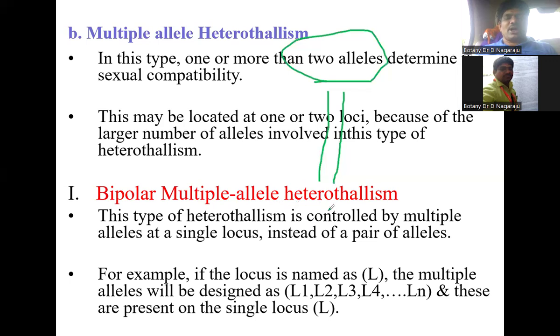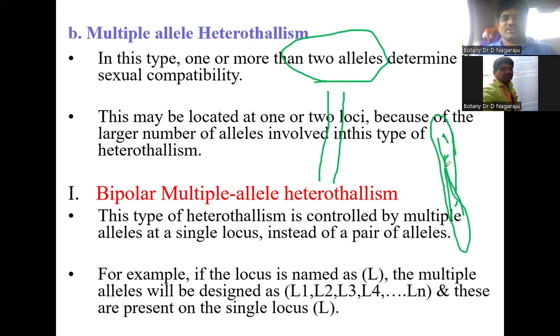First one is bipolar multiple allele. This type is controlled by multiple alleles at a single locus, at the same location, different types of alleles. Suppose capital A, small a, and capital B, small b: two different characteristic genetic materials at a single location.